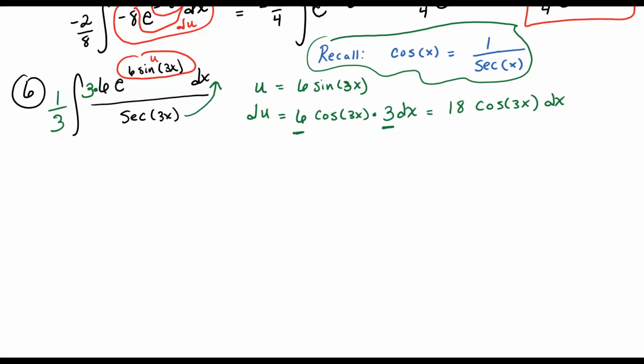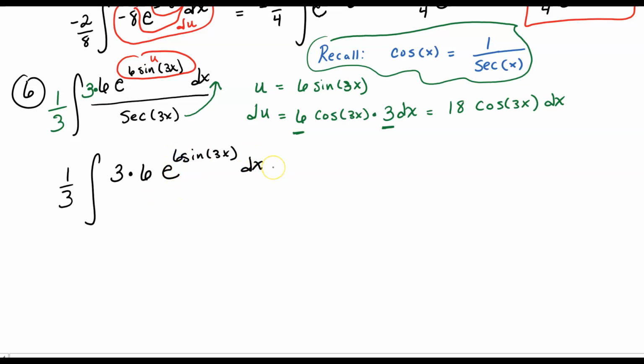I've got 1/3 on the outside, and then I've got this integral. I've got 3 times 6e to the sine of 3x, and it's actually 6 sine of 3x now that I look at it, dx, and then multiplied by, and so I'm going to actually move the dx for a second there, cosine of 3x, because the secant moves up, and there's my dx.